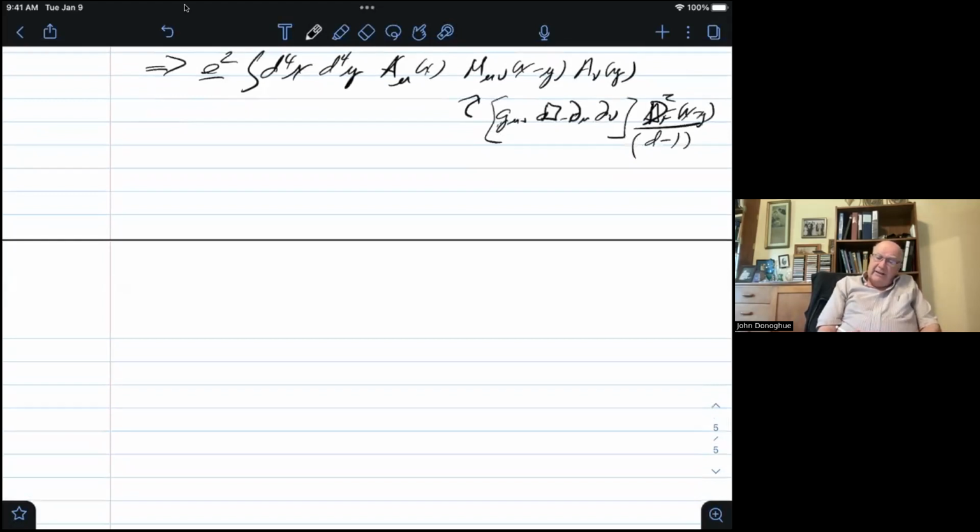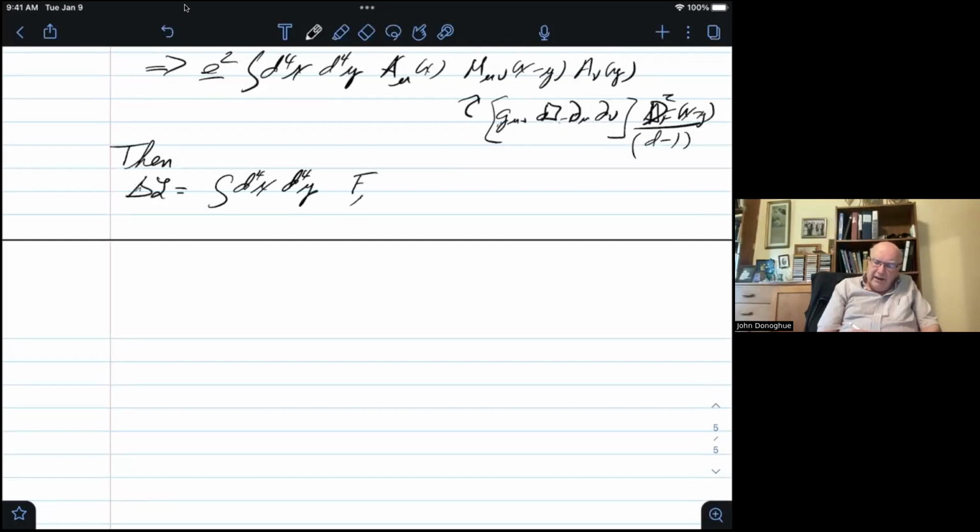And then overall, I then take this thing and integrate it by parts again. And I've got a change in the Lagrangian, which is integral d4x, d4y. I put these derivatives back on here.